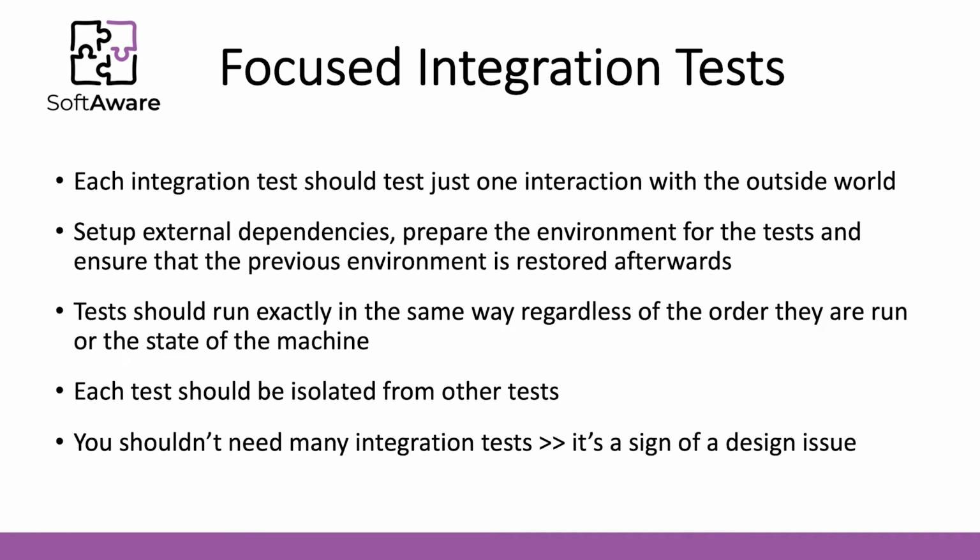Consider the following. If you need a lot of integration tests, it's a sign of design problems. It may mean that the code that talks to the outside world isn't cohesive. For example, if all your business objects talk directly to a database, you'll need integration tests for each one of them. A better design would be to have just one class that talks to the database.